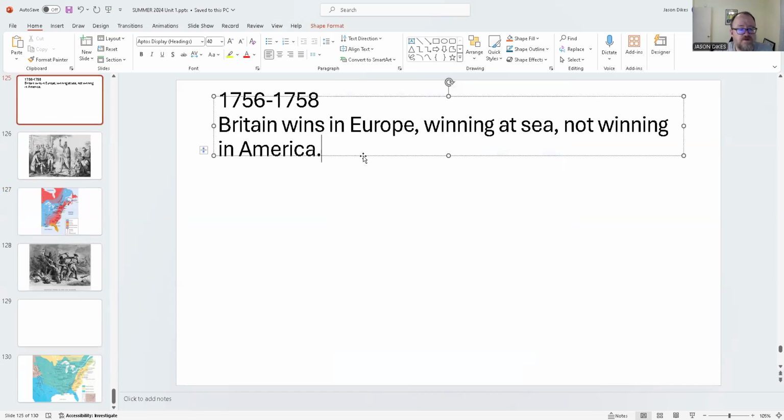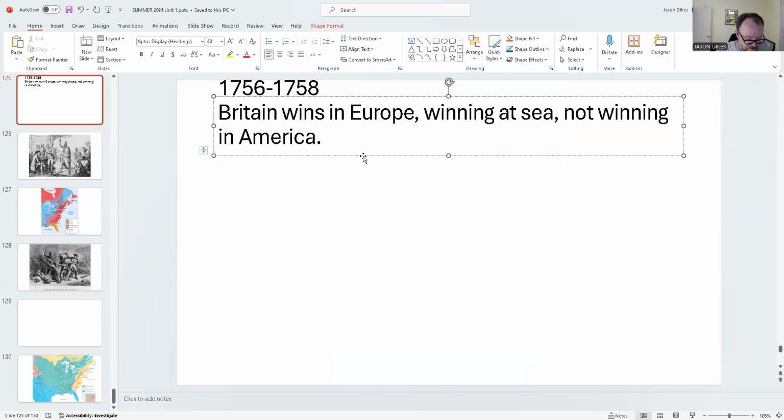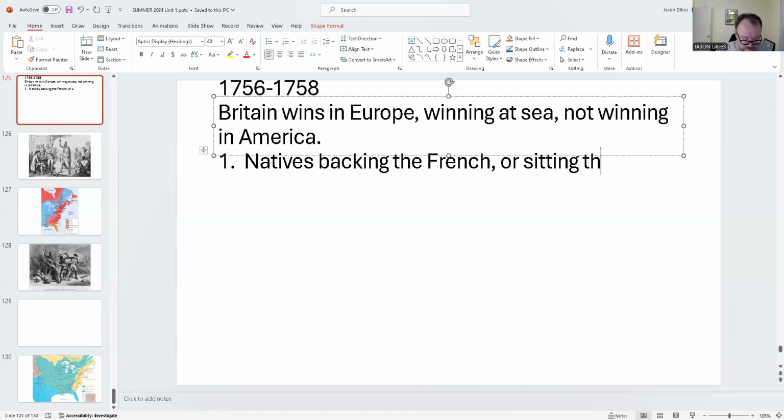This was due to a couple of reasons. One, natives were largely backing the French. Remember that the French have always treated the natives as equals. And so that is now paying dividends because natives are either backing the French or sitting this out.